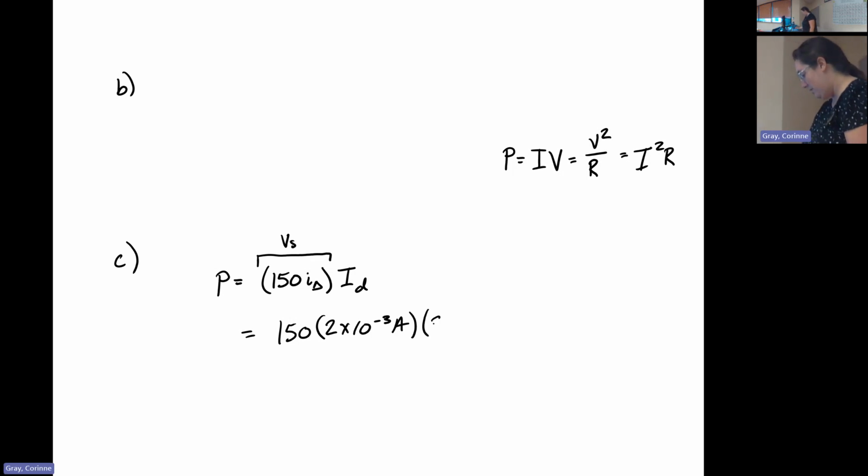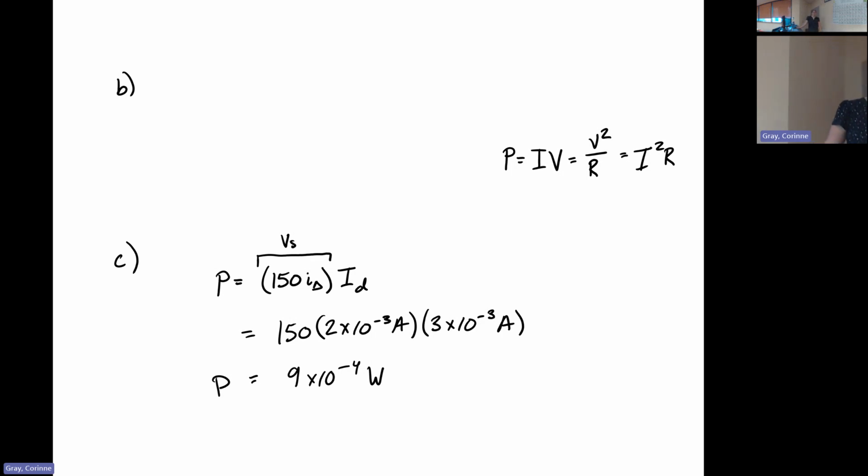So that would give us 152 times 10 to the -3 amps times the current, which we solve as 3 times 10 to the -3 amps. So that would give us 9 times 10 to the -4 watts. And that is one of the possible ways we could go through and do this. It doesn't matter. Just pick one and go through and do it.